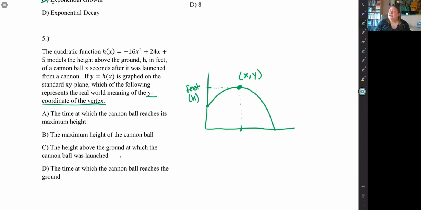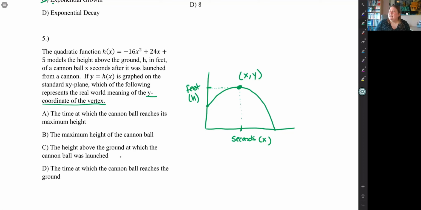And then it looks like the x value is going to be seconds. And that almost always works that way, where seconds is over here. That's my x value. So if I want to know what the y coordinate is, that's going to correspond to a feet, not to a seconds, because I can see here feet is the label for my y-axis.